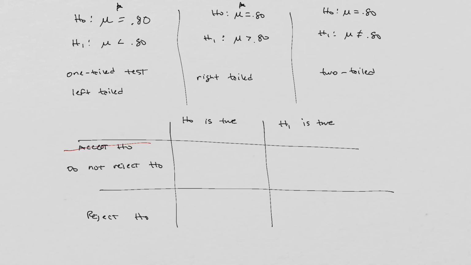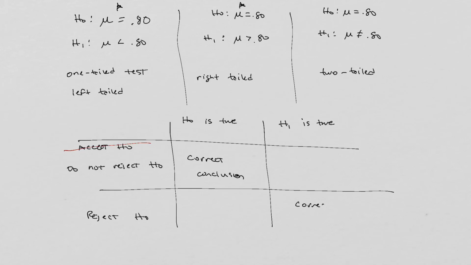If we think about what works and what doesn't, if H naught is actually true, let's say their claim is true, then we don't want to reject it. That would be the correct conclusion: their statement was true, we tested it, and we didn't find any evidence to the contrary. The other thing that can go right is we look at the evidence, find that the null hypothesis is wrong, and reject it.